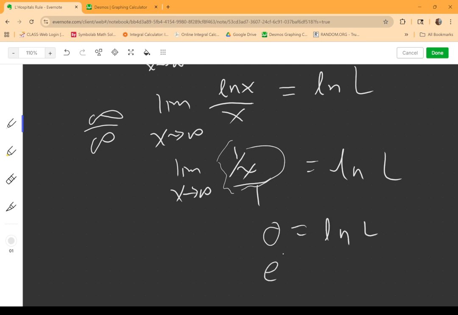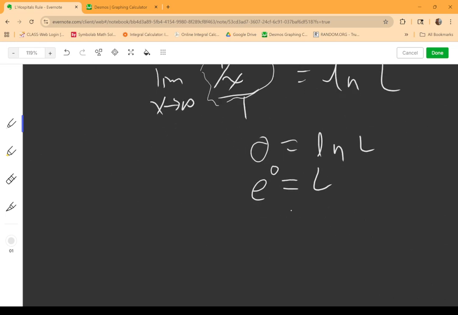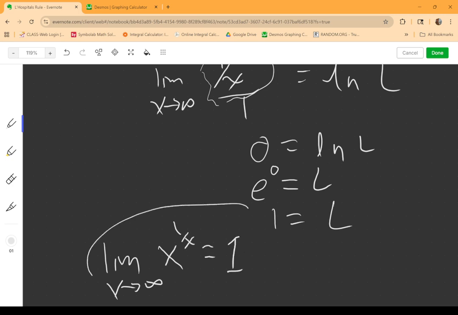By properties of the exponential and the logarithm, e to the 0 is L, or in other words, 1 is equal to L, or the limit as x goes to infinity of x to the 1 over x is equal to 1.